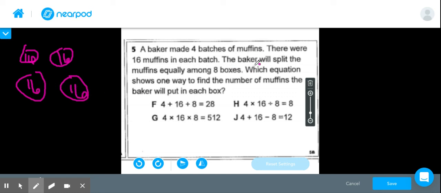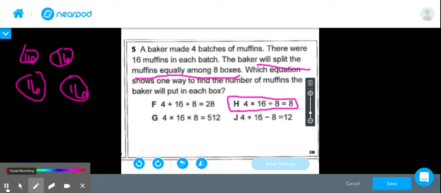And then he split those muffins equally among 8 boxes. So he figured out how many this was, and he split it between 8 boxes. So we know that the first step was multiply, and the second step was divide. H is your equation that matches this problem. Good job, guys.